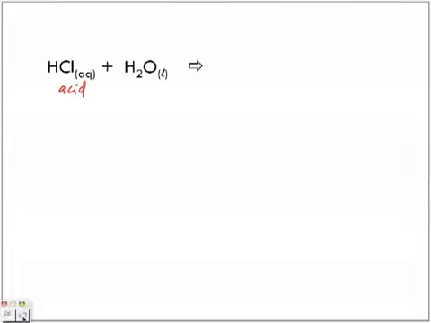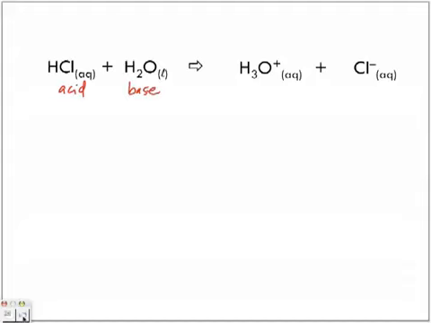Only one of them has to give up the hydrogen proton to the other, and the other one's going to pick it up. Which gave it up? The acid gave up that proton to the so-called base.